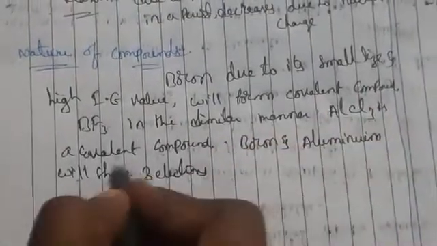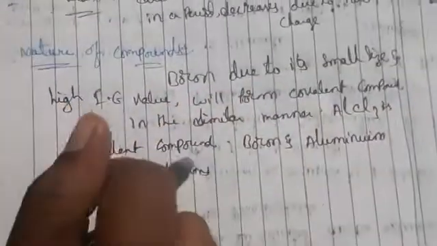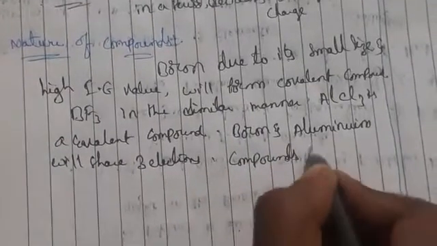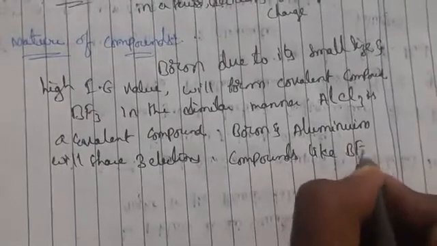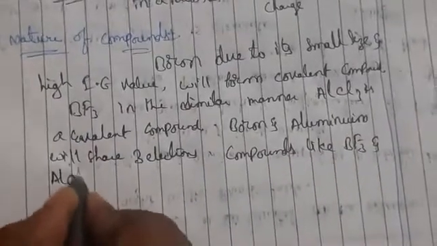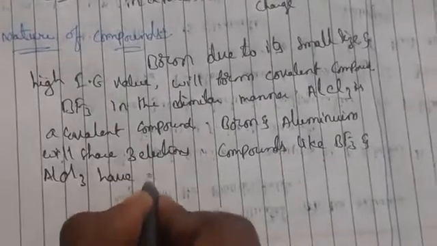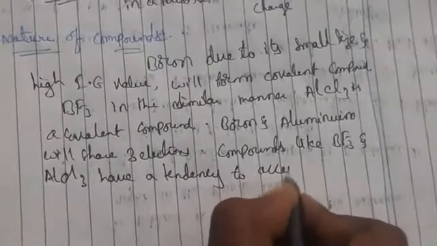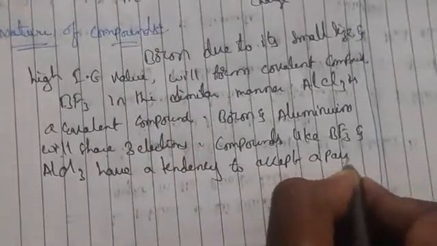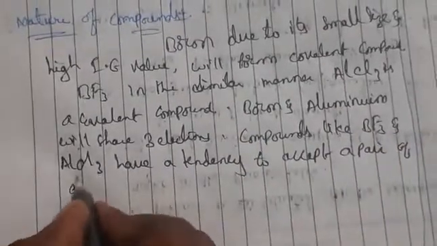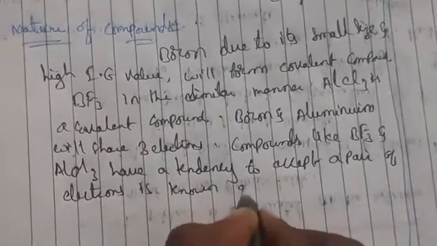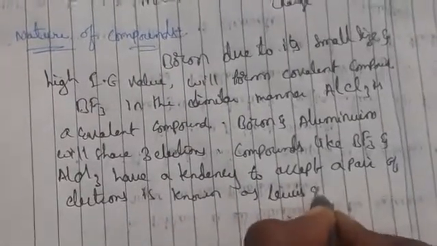By this we can say B plus 3 electrons, losing of electron, gaining of electron. So compounds like BF3 and AlCl3 have a tendency to accept a pair of electrons, which is known as a Lewis acid.